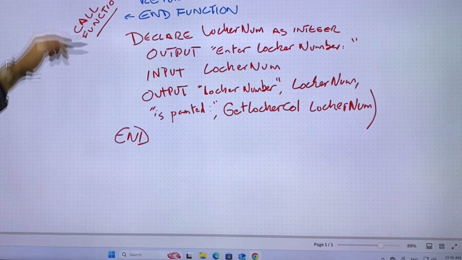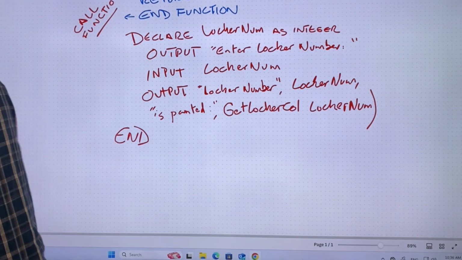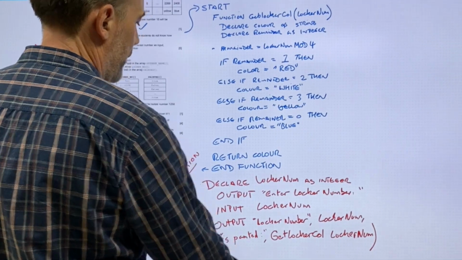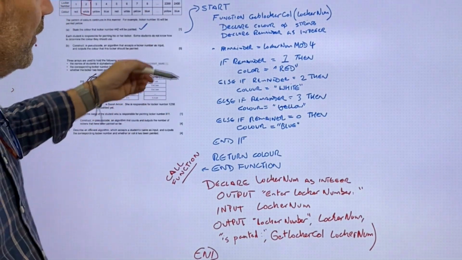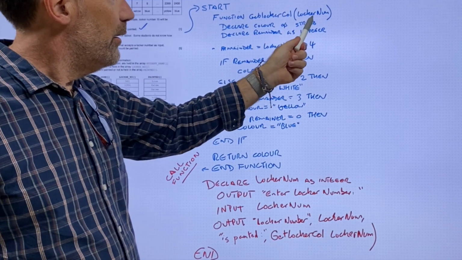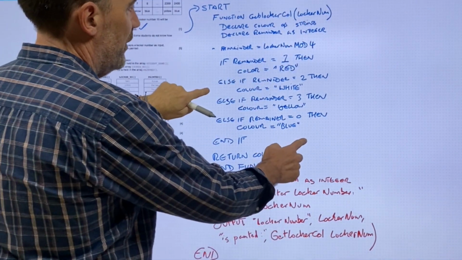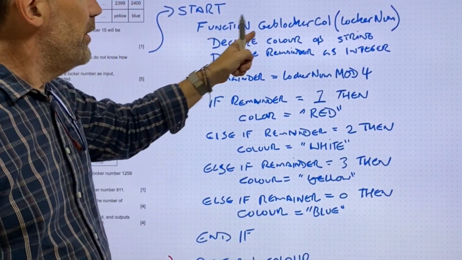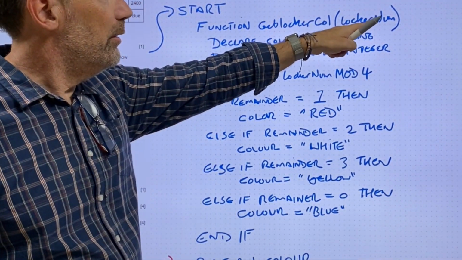End it all. Let's see if I can zoom out of this and see where we've gone. So start and end. I've called the function get locker colour block number. Function get locker colour locker number.